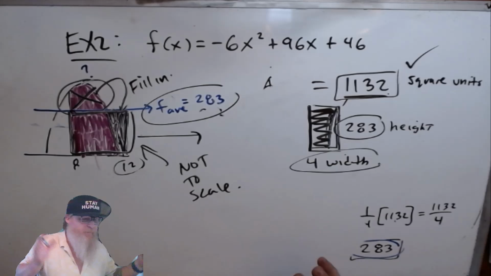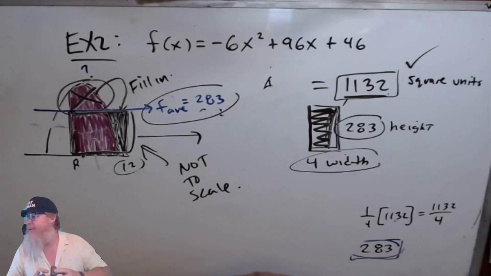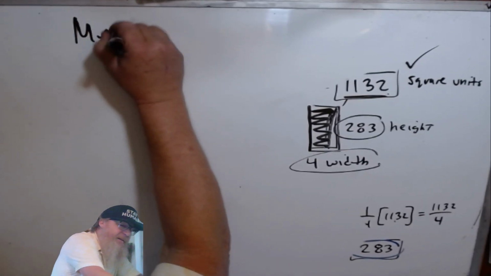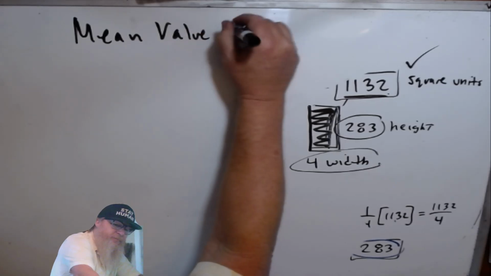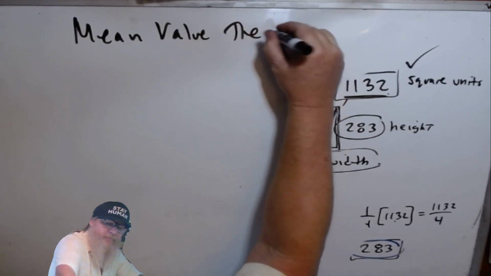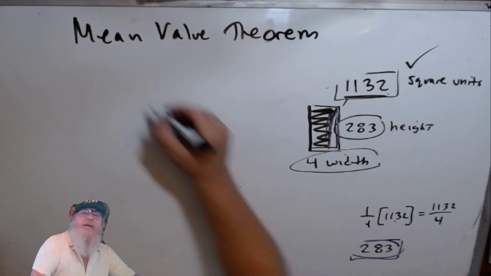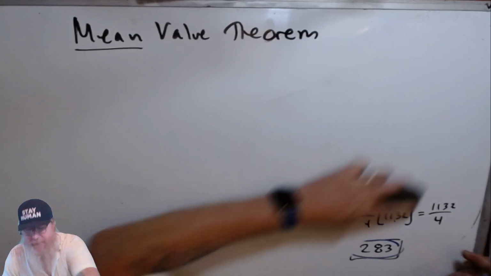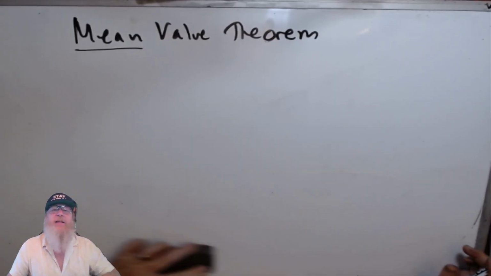We have a theorem, right? I only have 2 examples, and then we can get right into our theorem. This is called the mean value theorem. Mean means average. It doesn't mean that it's not very nice. It's being mean. We're finding the average, right?